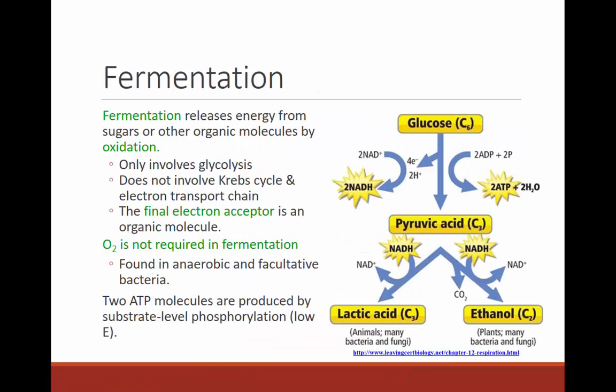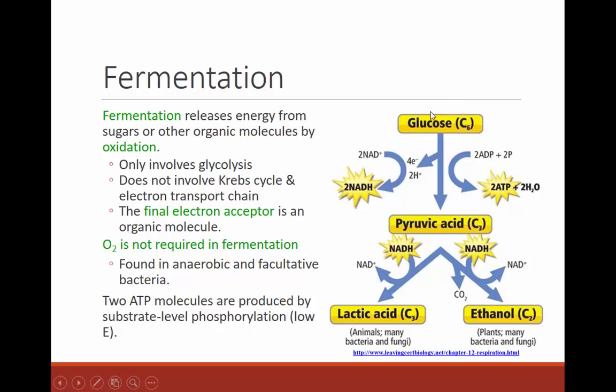Now fermentation, you probably all love cheese, so this should be of interest to you. Fermentation is the release of energy by the metabolism of sugars, and it only involves glycolysis. Okay, so if you remember the Krebs cycle and the electron transport chain from last week, that doesn't happen in fermentation.